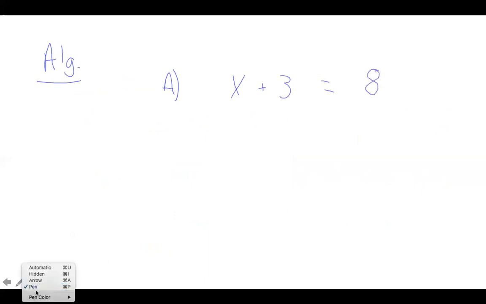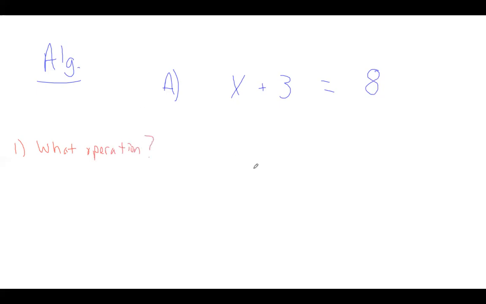So let's just take a look at an example. And I'm going to start off with a real simple example for those of us if we are new. Something like x plus 3 equals 8, right? We talked about steps earlier in the year. Step 1 is to ask ourselves, what operation is happening?